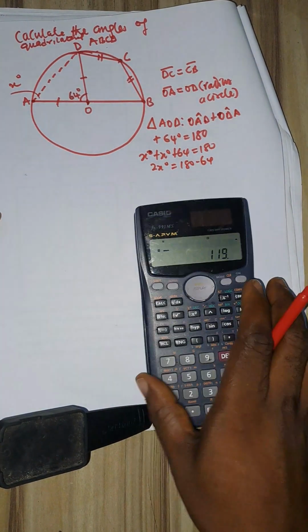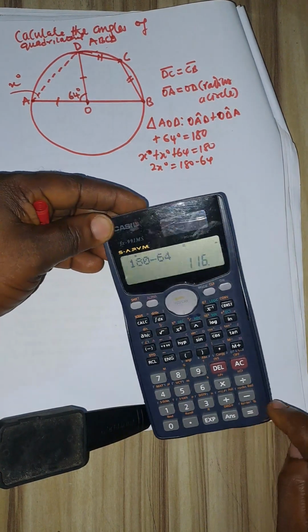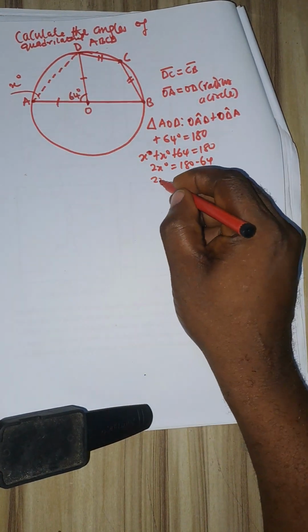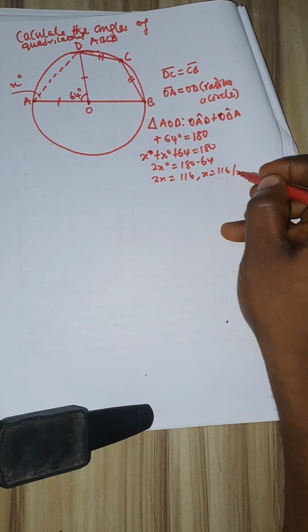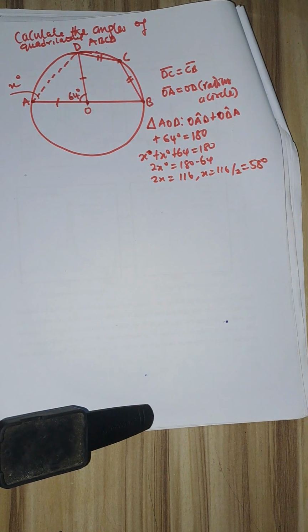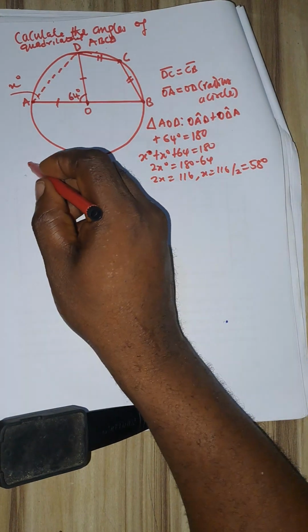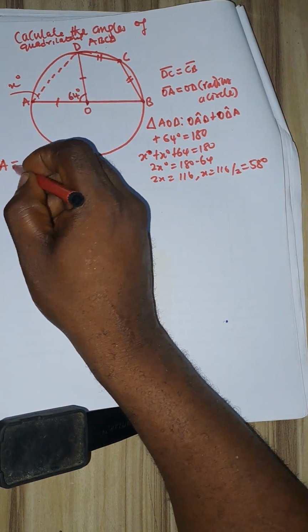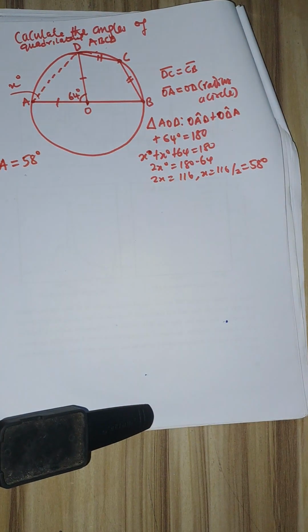So 180 minus 64 is 116. So 2X is 116. So X will be 116 over 2. That gives us 58 degrees. So angle A, one of the angles of the cyclic quadrilateral, is 58 degrees, calculated.